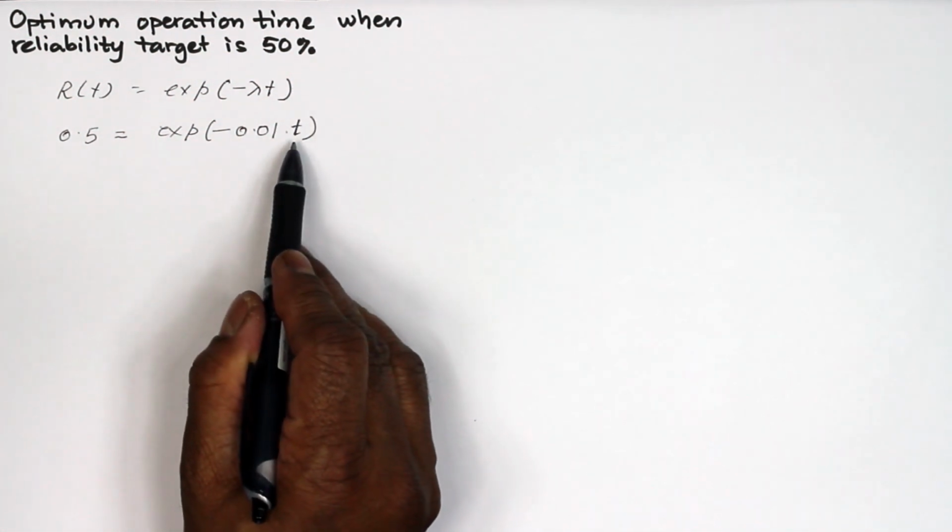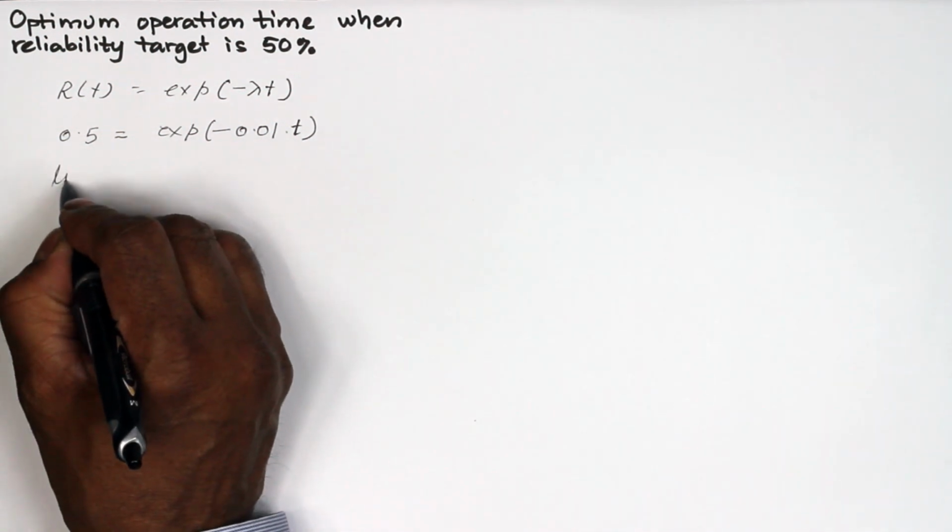To calculate the value of t, let us take the natural log on both sides.